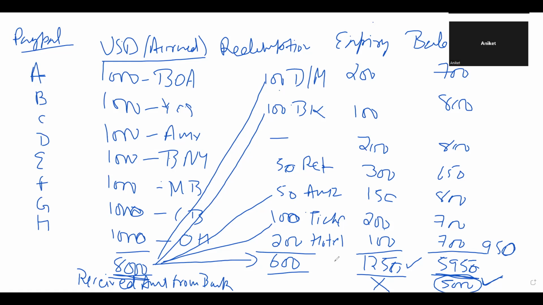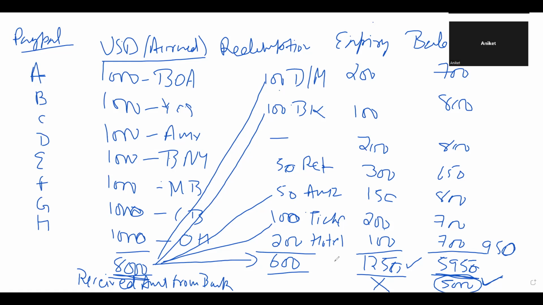Sir, what exactly is an escrow account? Please tell me once. It is an account which PayPal cannot utilize for their personal expenditure or any other expenditure. That is for the redemption and expiry. So this 8,000 rupees will be kept there, and even they cannot utilize it for their business or daily operations.